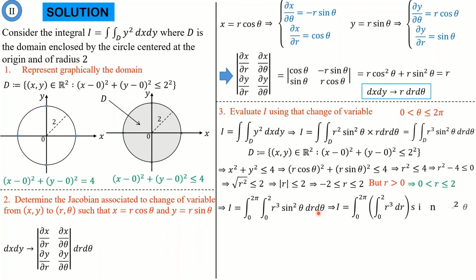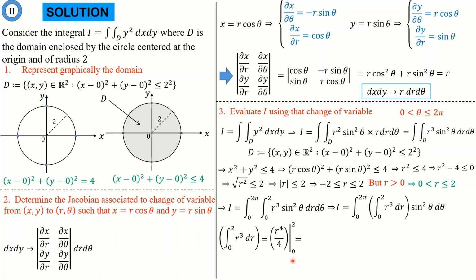Now I try to integrate each separately. I begin with r because I can easily do it. So I'm going to integrate r cubed with respect to r, and at the end I replace the value here, and then I work it out with theta. Using the fundamental theorem of calculus, integrating r cubed, we get r to the fourth on 4.